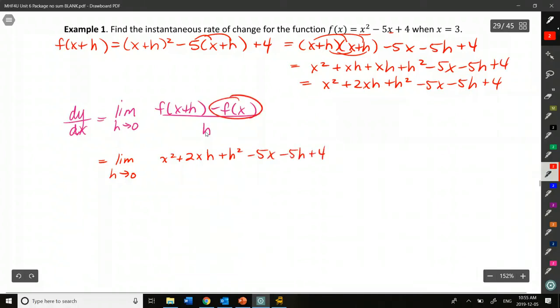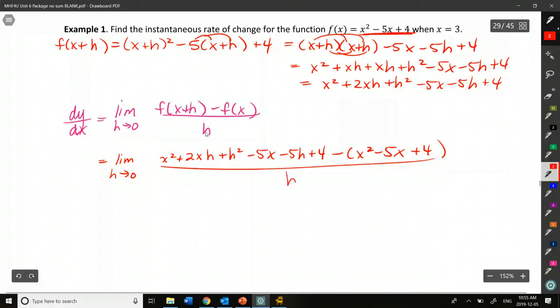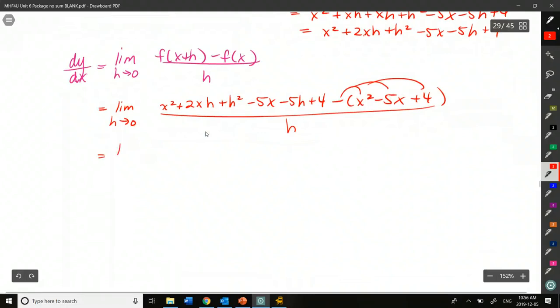And then I'm going to subtract f at x. So f at x is given to us in the question. And I'm just going to distribute this negative into each term of f at x for that second part there.